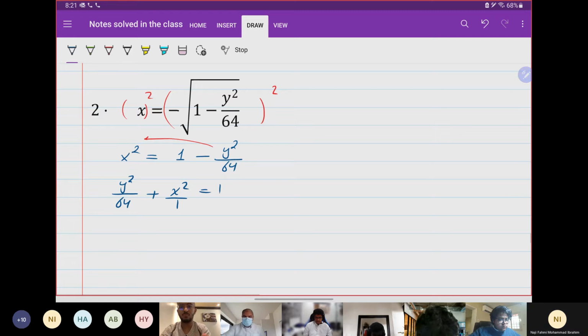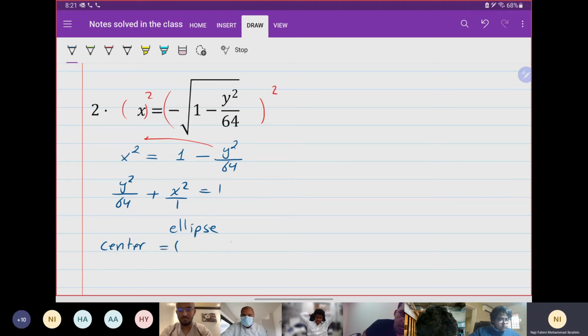Now, let's see Abdul Rahman. What's the type of this ellipse? Is it horizontal or vertical? Why?